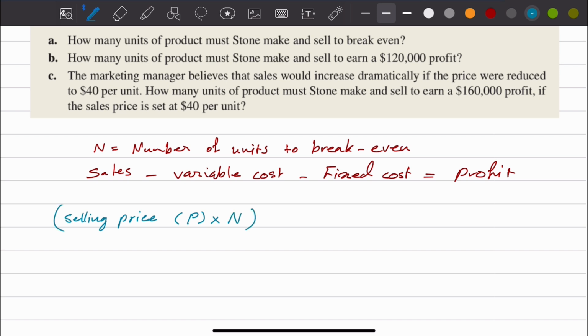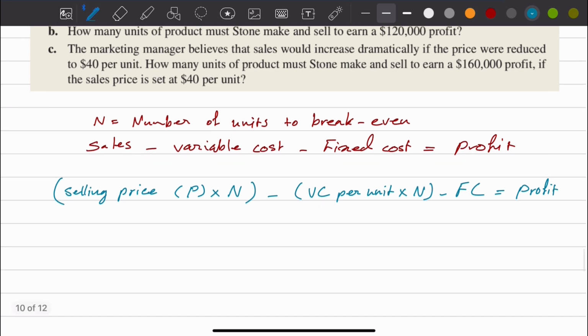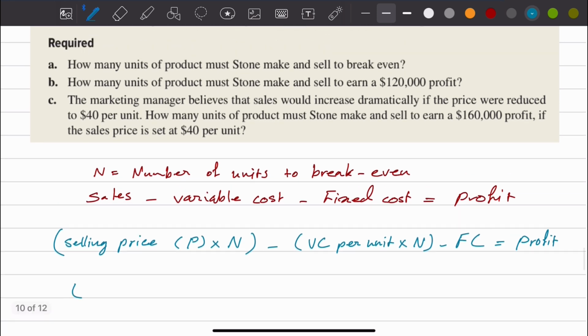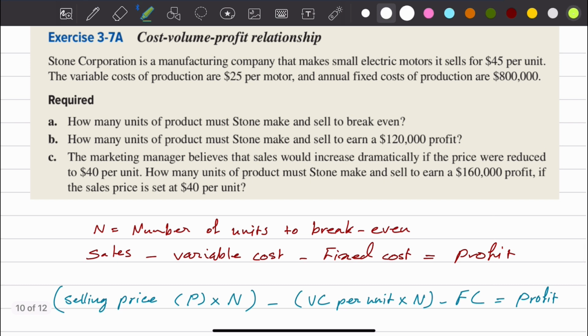Minus, also we still don't know the total variable cost, but we know that it should equal the variable cost per unit multiplied by N. Minus the fixed costs, that should equal the profits, and we know at the break-even point the profit should equal zero.